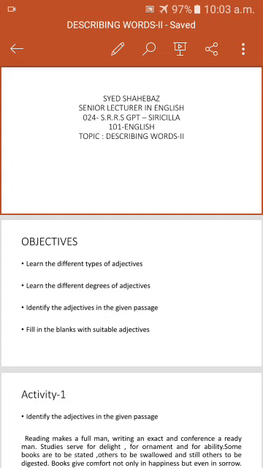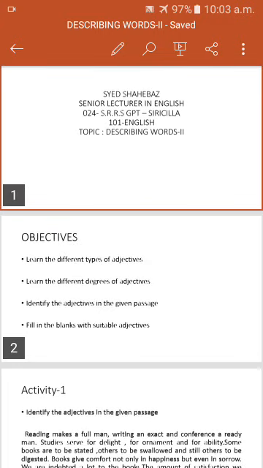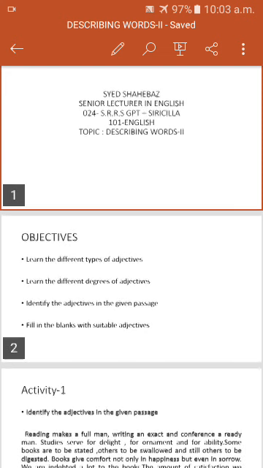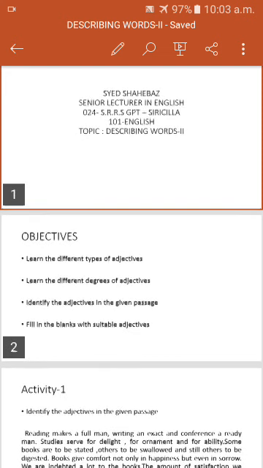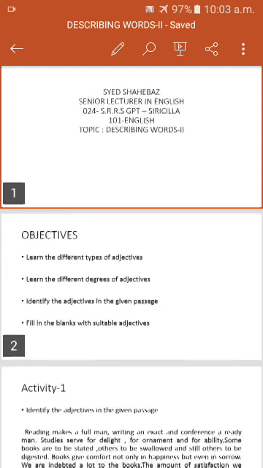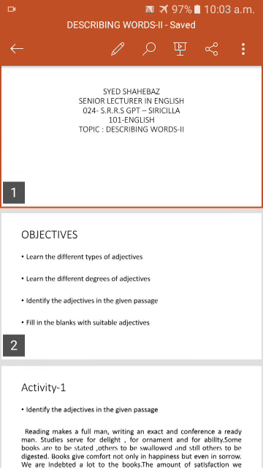We use adjective in comparative degree when we compare two things, two places, two groups, two persons, two objects, etc. We use superlative degree to compare one person with its group, one object with its group, one thing with its group. So these are the 3 degrees of comparison. And we discussed some examples also.